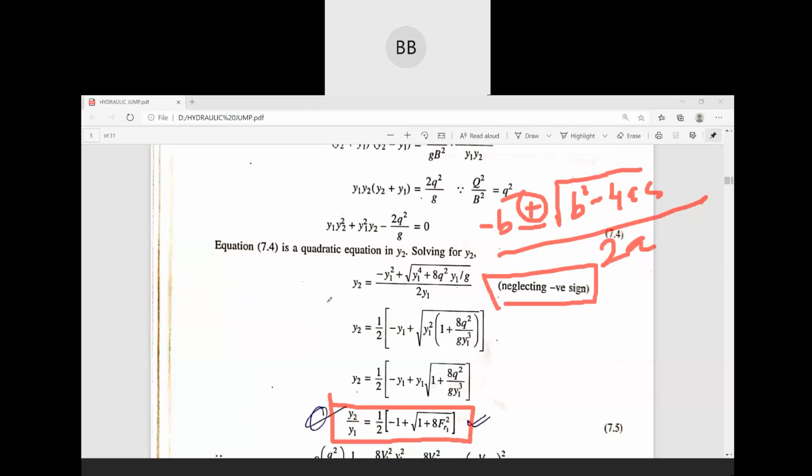So you work this out at home, and see if you are getting the same equation or not.